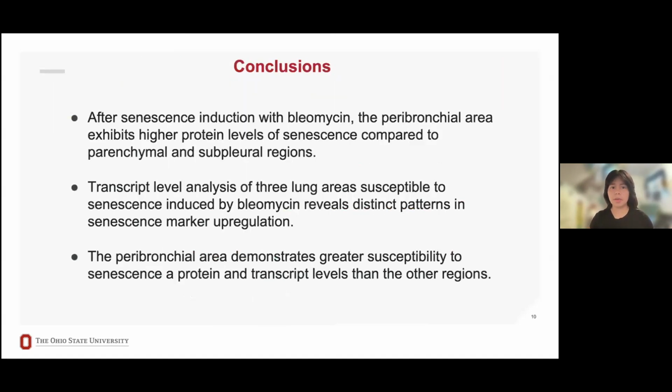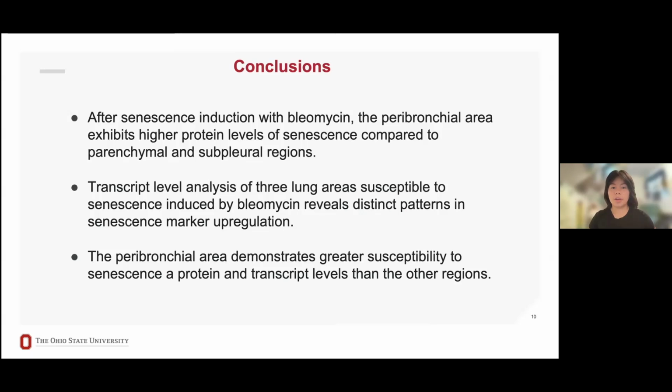So from this data, we can conclude that after the senescent induction with bleomycin, the peribronchial area is exhibiting higher protein levels of senescence compared to the parenchyma and the subpleural regions. However, in the transcript level analysis of these areas, we do see distinct patterns in senescent marker upregulation between the three areas. So that was really interesting to reveal.